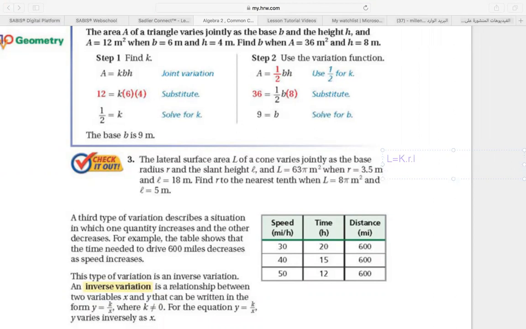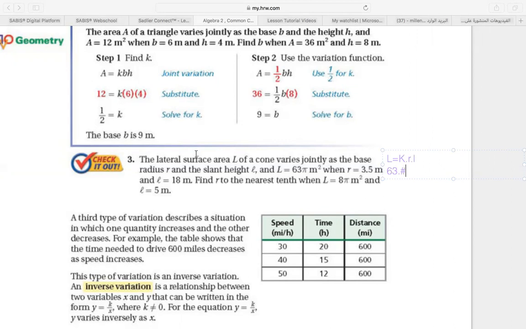So when L is 63 pi, I don't have the pi sign here, so I will write it as hash as if it is pi, because the sign is not available for me to write it here.